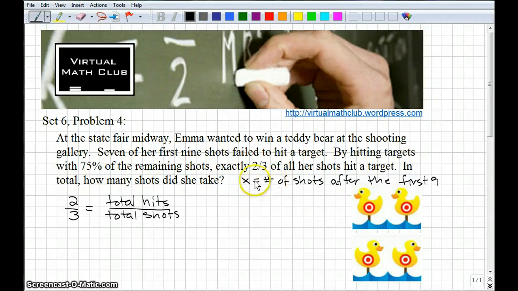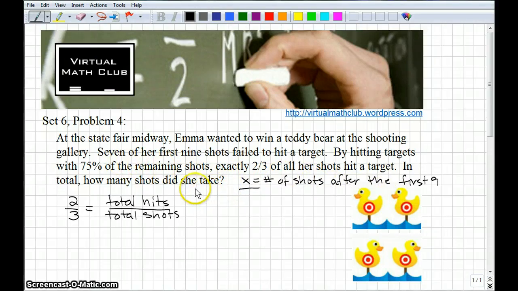And in the way I did it, I made x the number of shots that she took after the first 9. But when you do it that way, you have to remember that x is not your answer. Once you get x, you have to add 9 to it, because the total number of shots is going to be 9 plus the shots that she took after the first 9. Okay, and they're asking for the total number of shots.